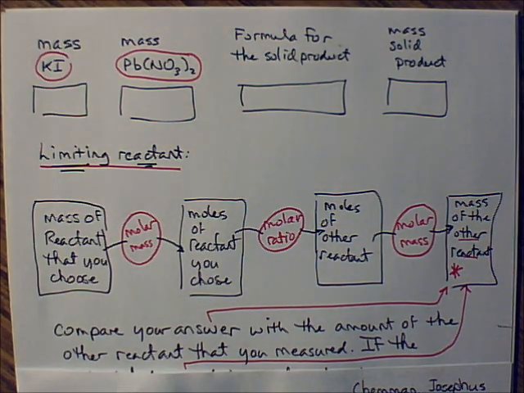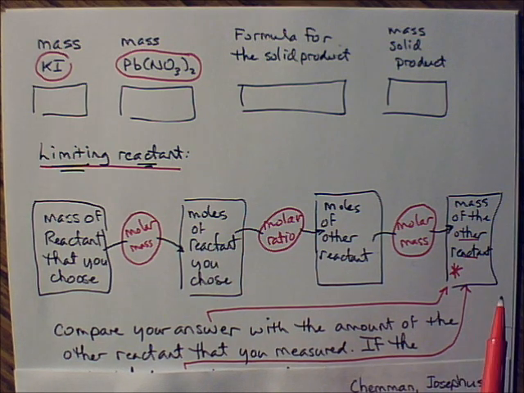So you can compare what you calculate here with the amount of that same species that you actually measured. You're going to compare the amount you calculated here with the mass you actually measured out in the lab.